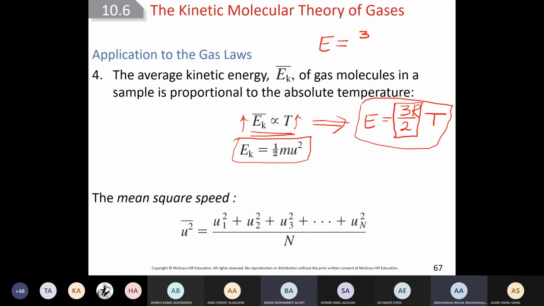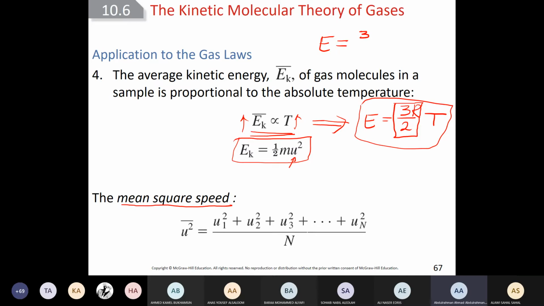Yes? R is the same as in the ideal gas? Yes, exactly. It's the ideal gas constant. Good question. Okay, what speed are we talking about? We're going to talk about a speed called mean square speed. I want you to memorize the name, mean square speed.